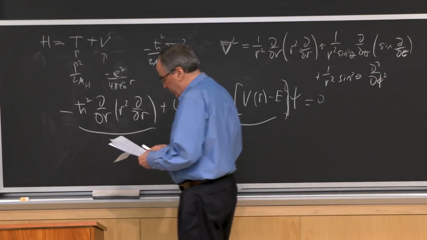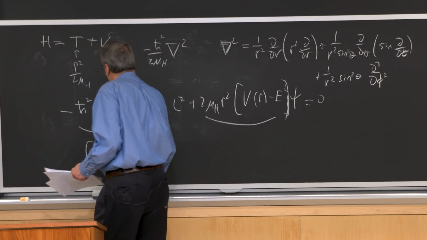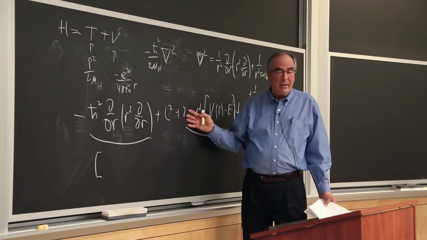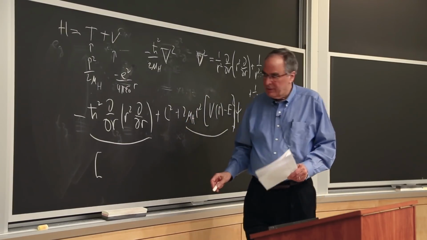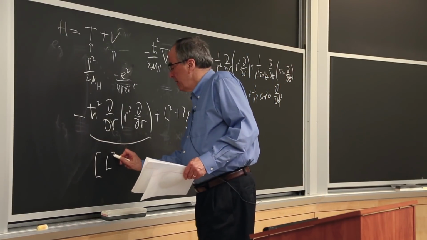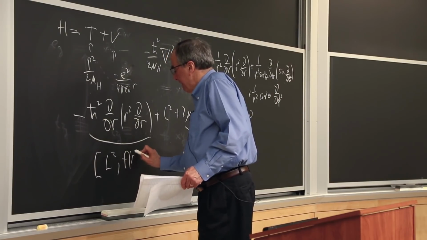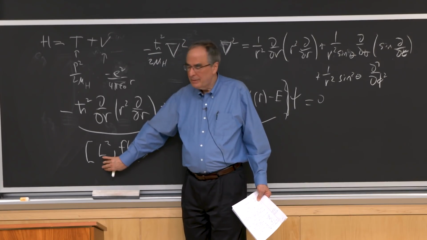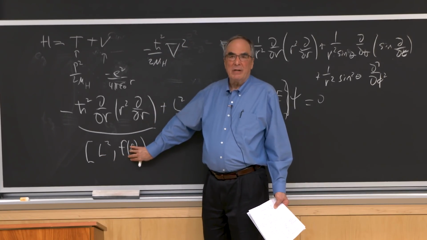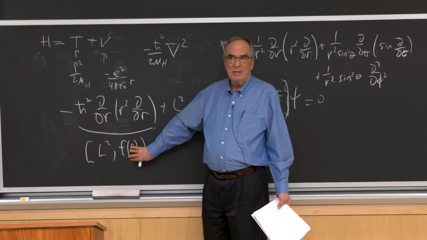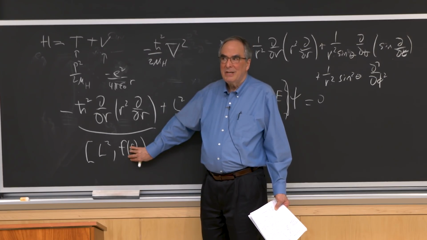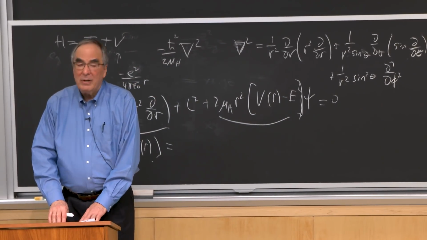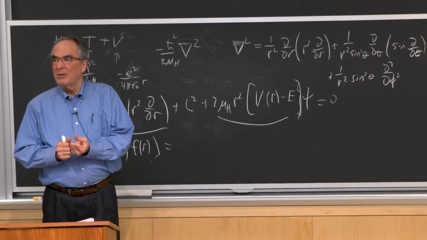So now there's one more trick. In order for the Schrodinger equation to be separated into a theta phi part and an r part, we need a commutator. And so that commutator is this. What is the commutator between L squared and any function of r? Yes? 0, they depend on different variables? Absolutely, that's really important. We often encounter operators that depend on different variables.